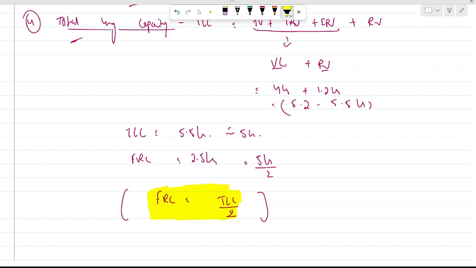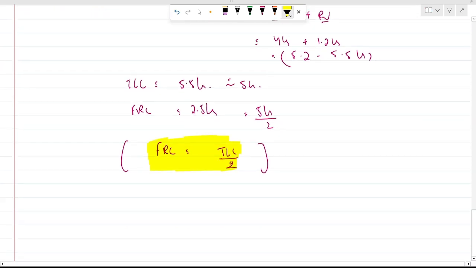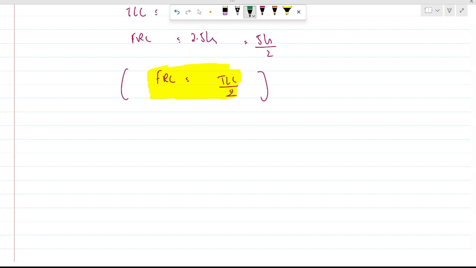Now what do we mean by this actually? FRC is the volume of lung exactly at the midpoint, also called the equilibrium volume.